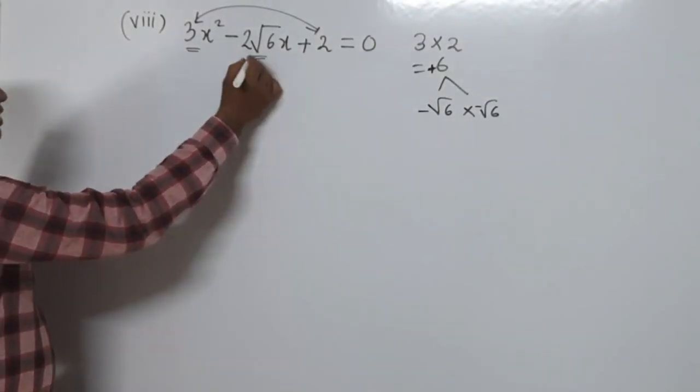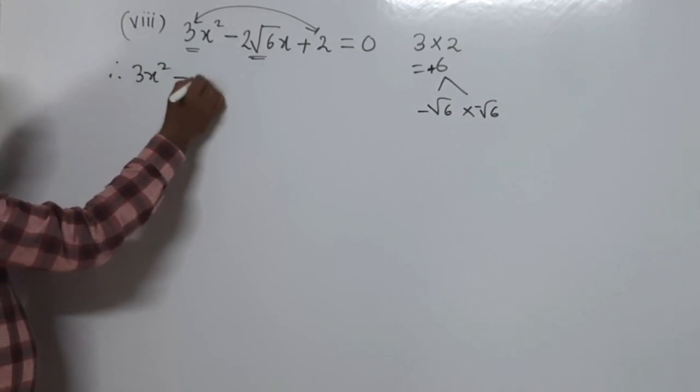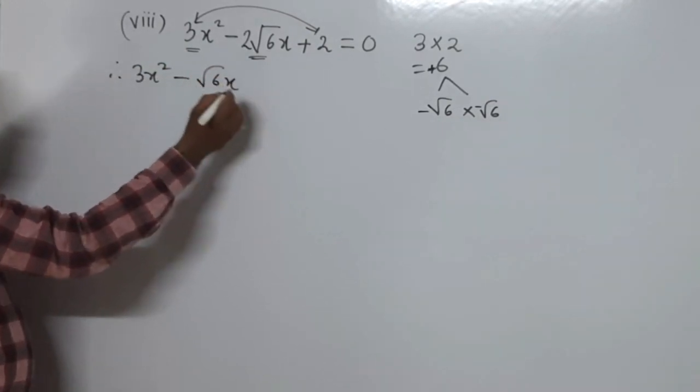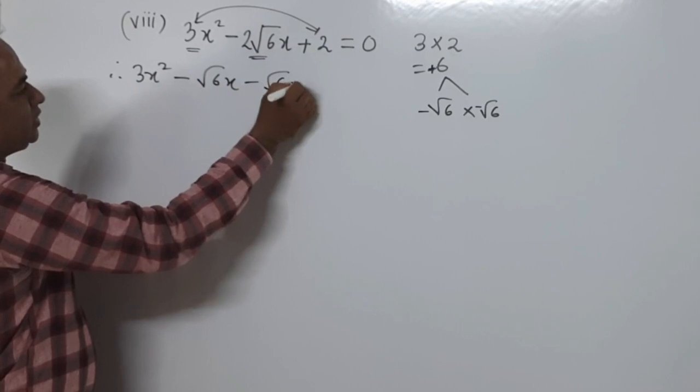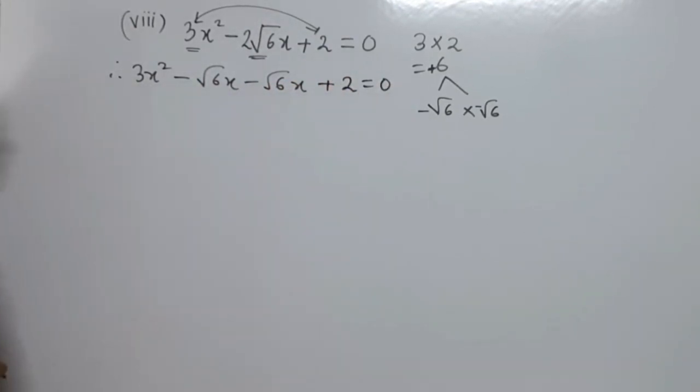Now we can split the middle term. So therefore 3x square minus 1 root 6x minus 1 root 6x plus 2 is equal to 0.